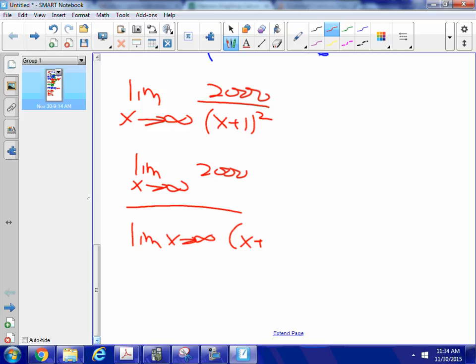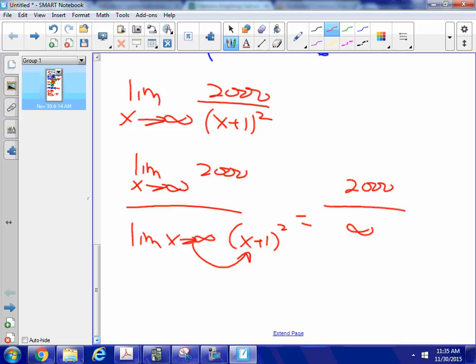So the limit of 2,000 is just still 2,000. But this is divided by infinity, because as x approaches infinity, this is going to get humongously large. So this is going to approach 0.